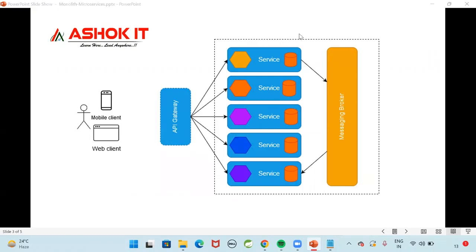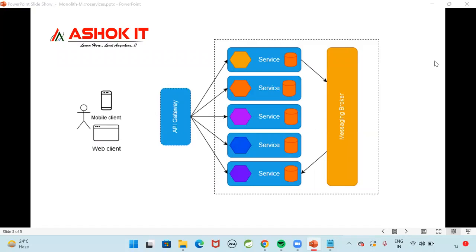What is microservice, guys? Can I say microservice is one new API, a new programming language, or a framework?